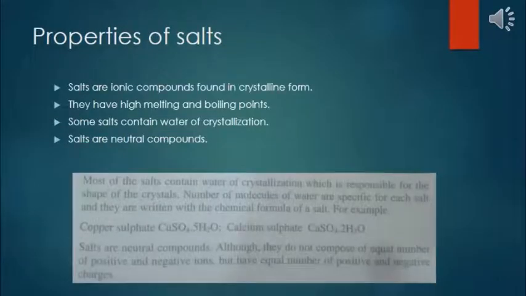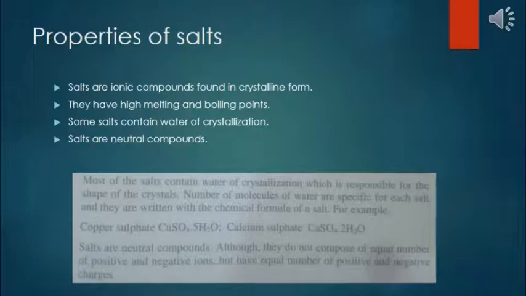Now, the characteristic properties of salts. Salts are ionic compounds formed in crystalline form. They have high melting and boiling points. Most of the salts contain water of crystallization, which is responsible for the shape of crystals. The number of molecules of water is specific for each salt and is written with the chemical formula of the salt.